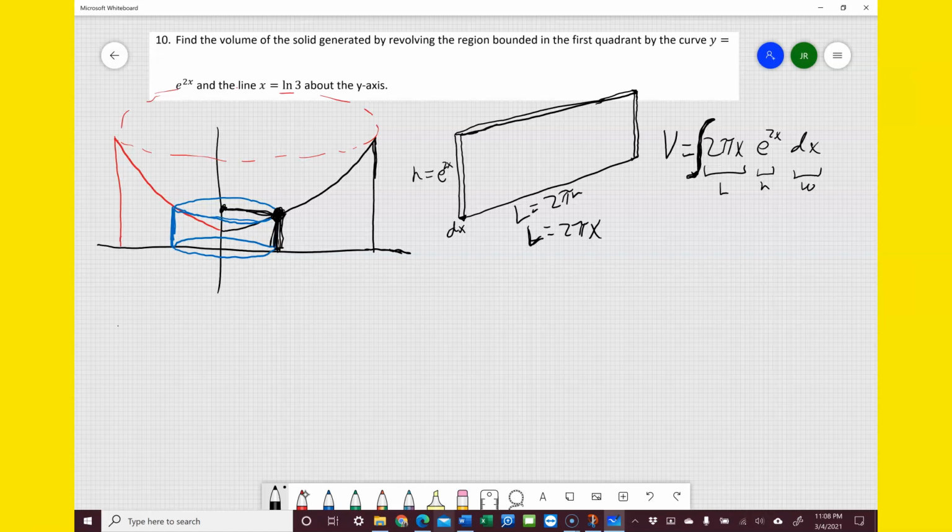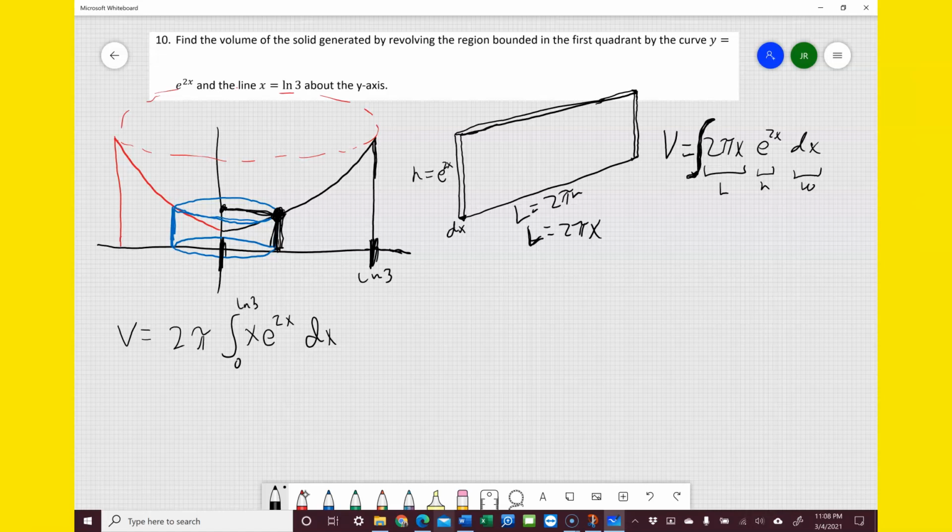But anyway, so that volume, I'm going to factor out a 2 pi. So it's just the integral of x e to the 2x dx, and we're integrating from 0 to ln 3.